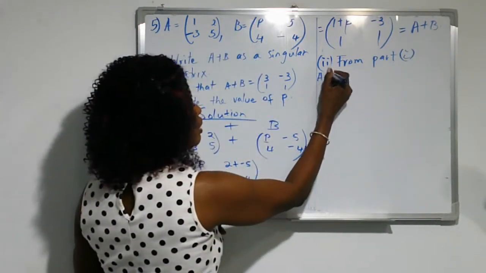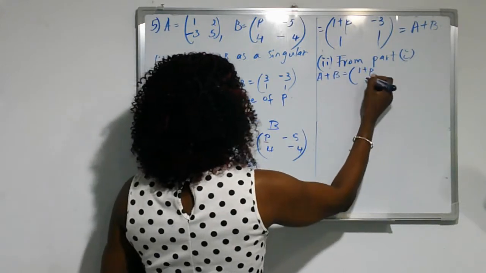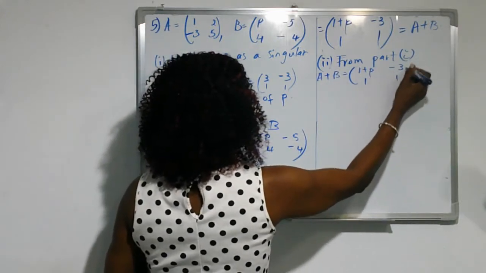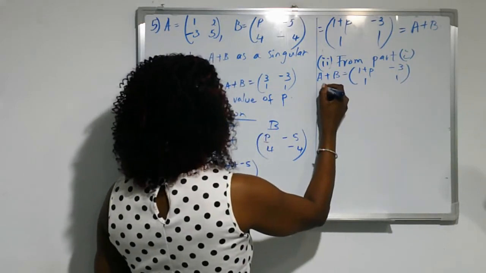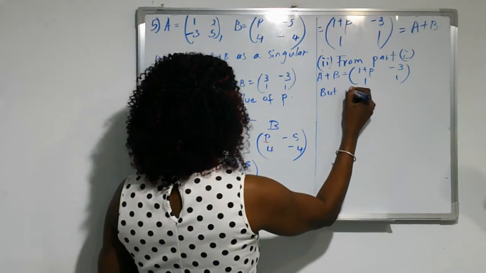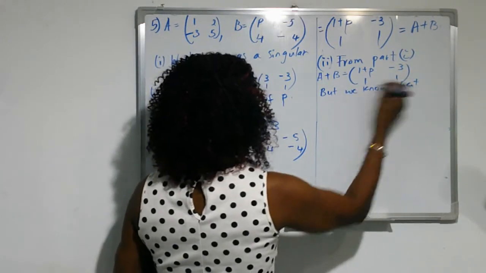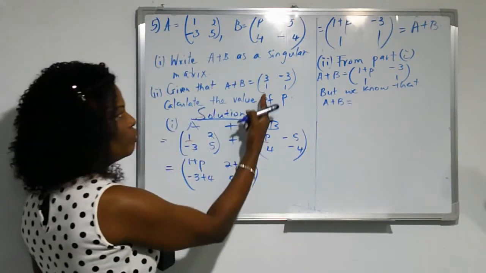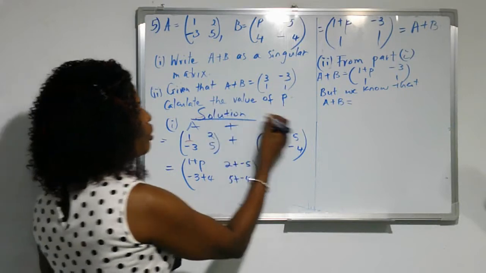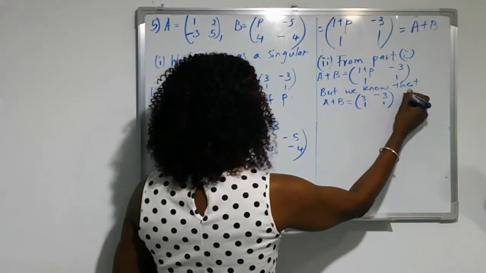A plus B is equal to 1 plus P, 1, negative 3, 1. Also, we know that A plus B is also equal to 3, 1, negative 3, 1.